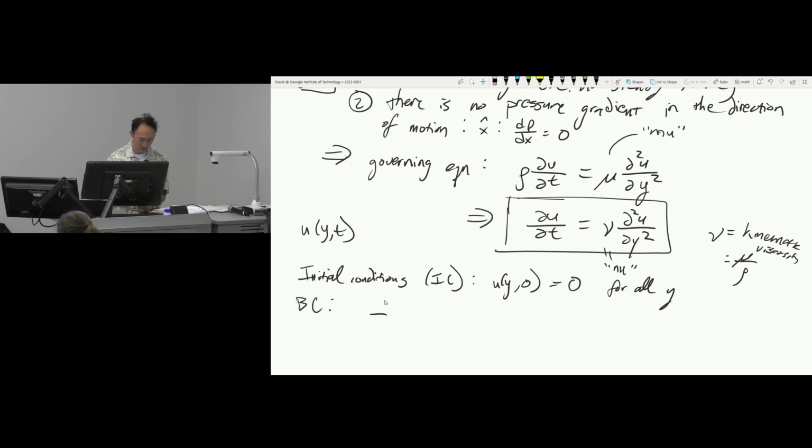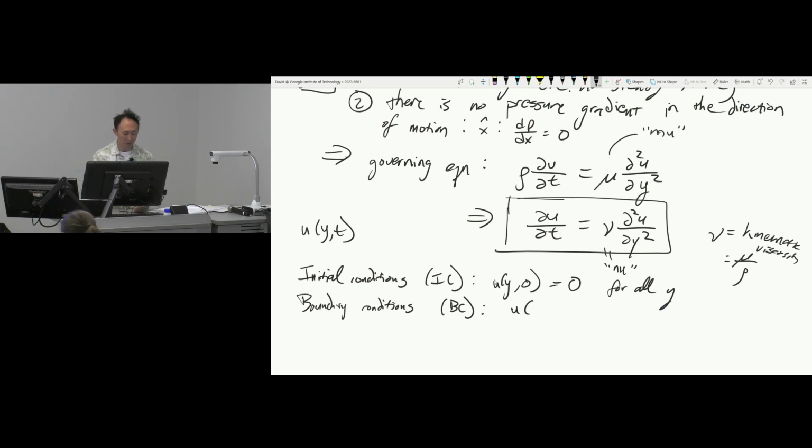Let's just write it out for the first time so people understand boundary conditions. I'll be using the BC-IC notation probably for the rest of the next lectures. Means not moving at the beginning? Yeah.